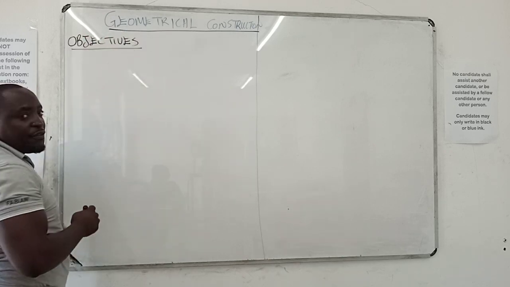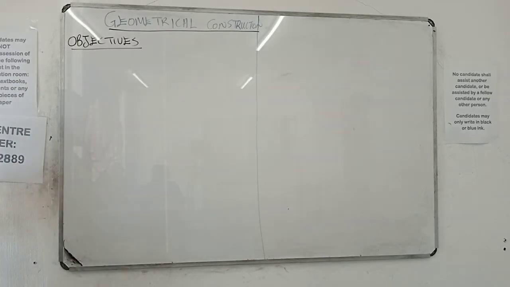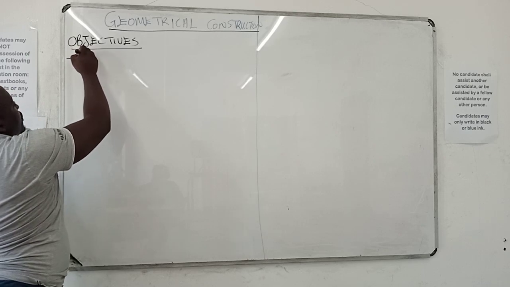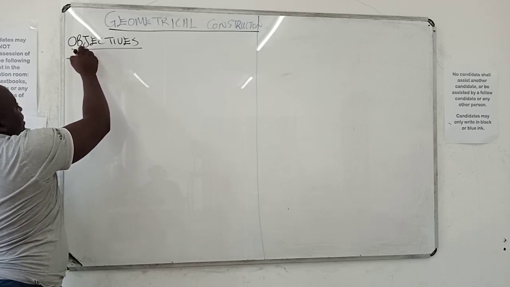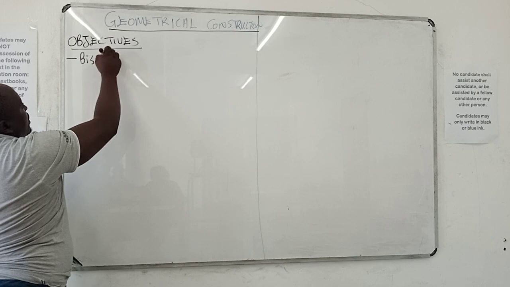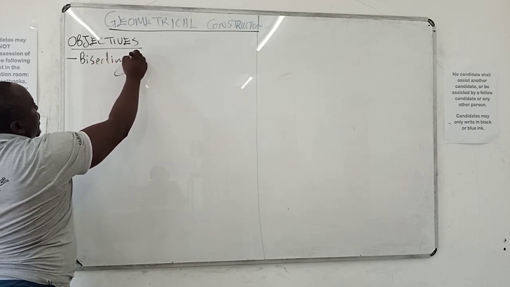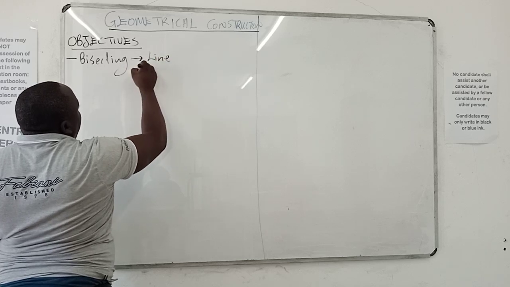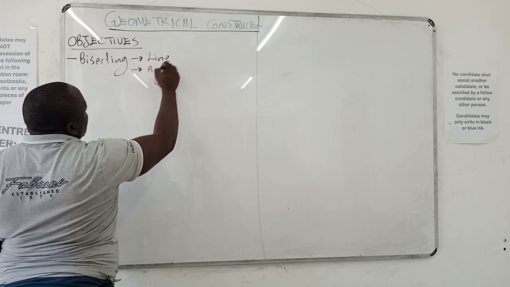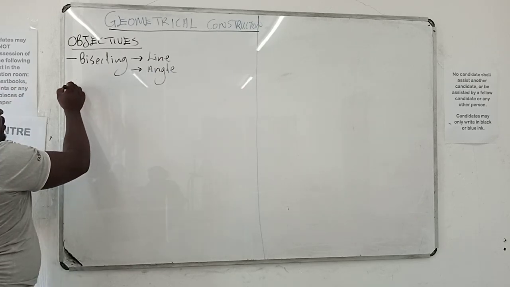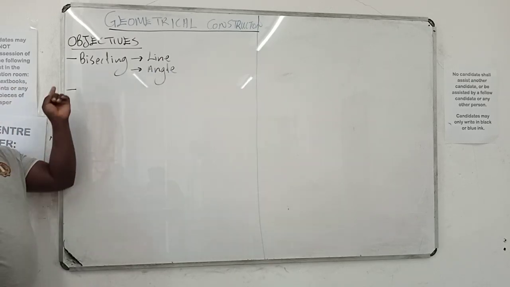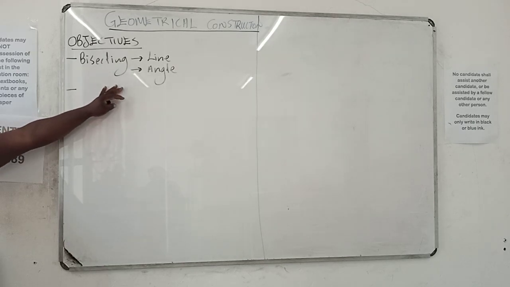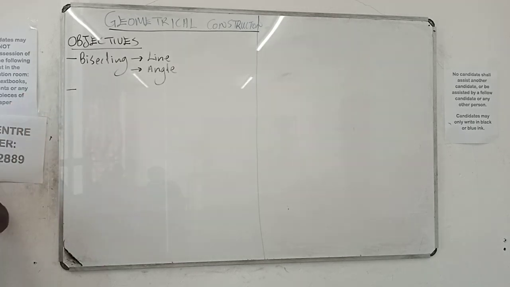So our objectives for this lesson, we need to make sure we understand how to do bisecting. When we do bisecting, we look at the line and the angle. That is number one. Number two, we need to understand how to bisect a line and how to bisect an angle. These are basics where you start from.